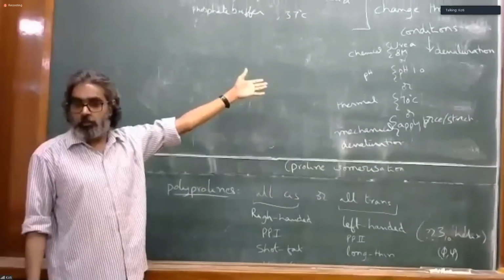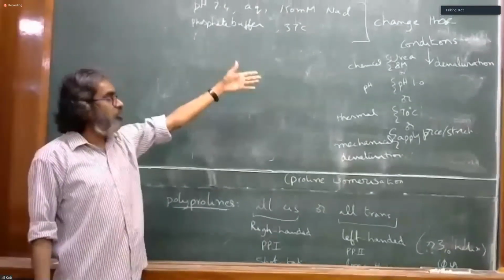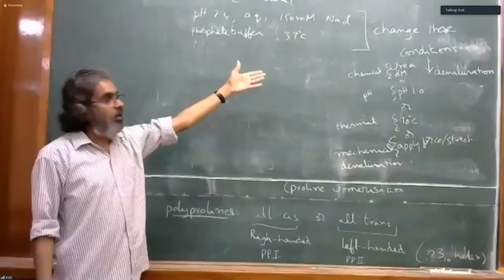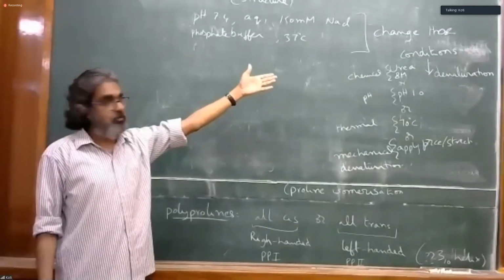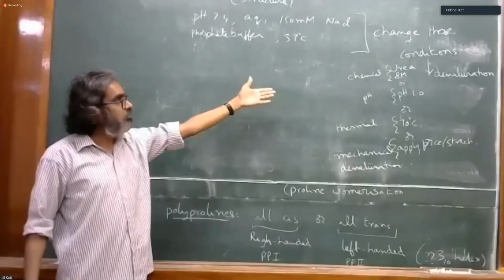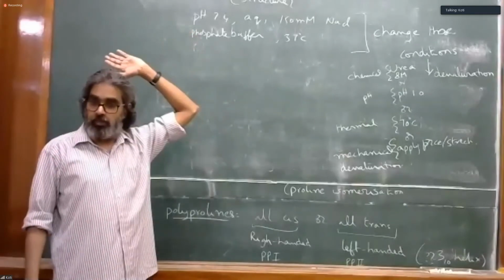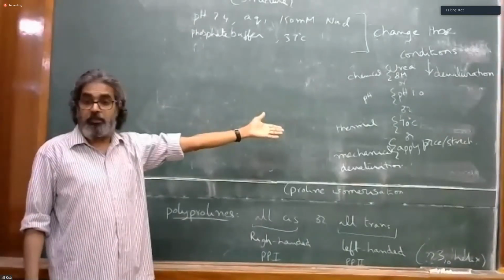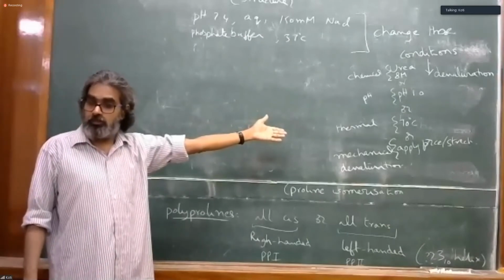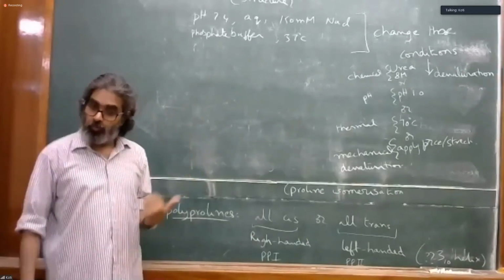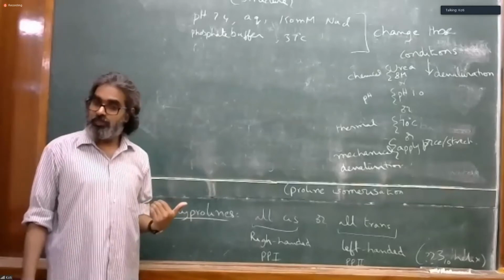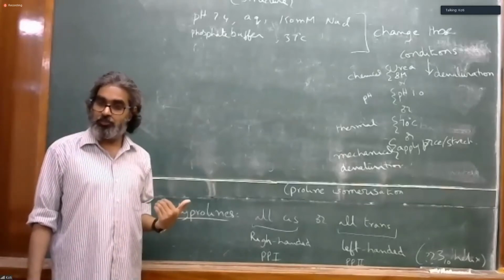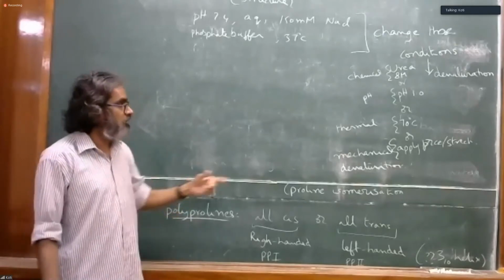Urea, guanidinium hydrochloride, chemical denaturation. Or you can use other solvents, other chemicals. Change the pH, extreme high or extreme low, pH denaturation. Thermal, you can heat, thermal denaturation, and you can also cool. Then also proteins denature. Some proteins actually denature if you cool. This is called cold denaturation.